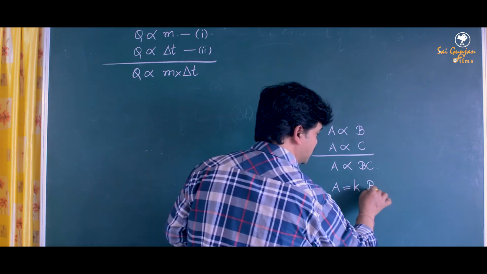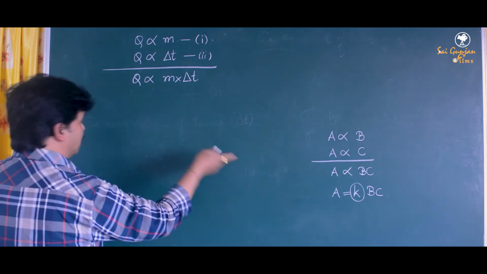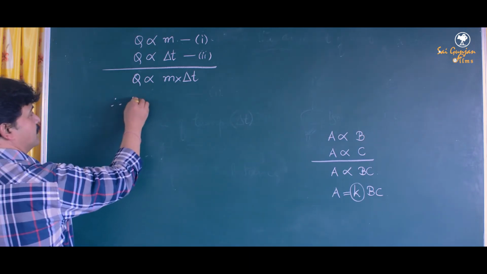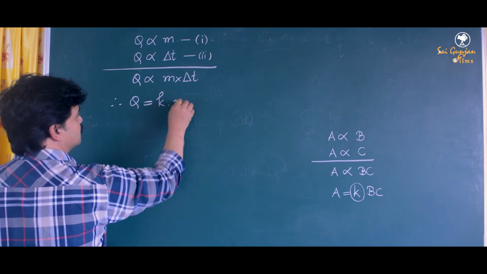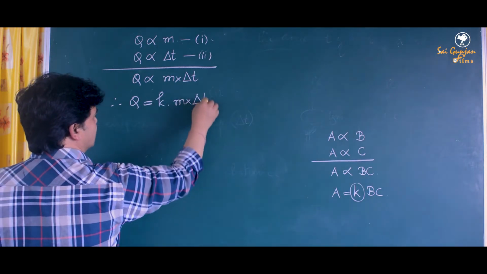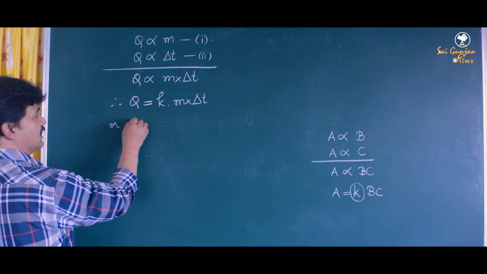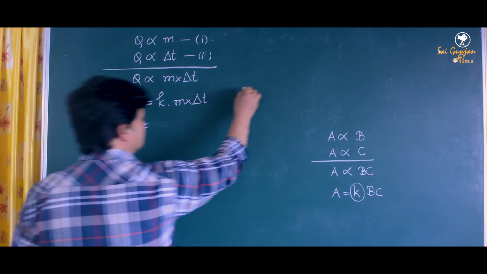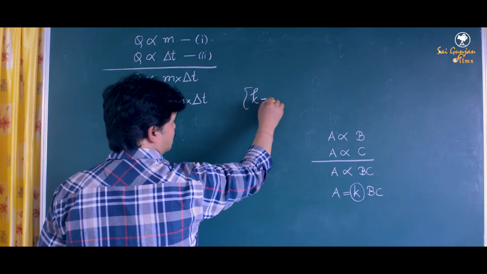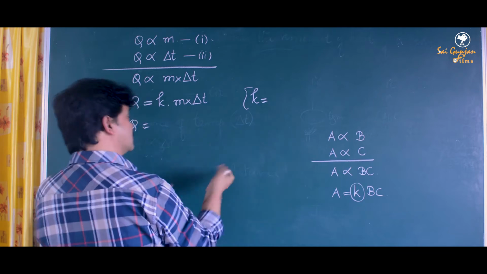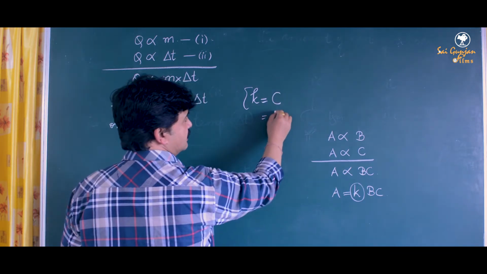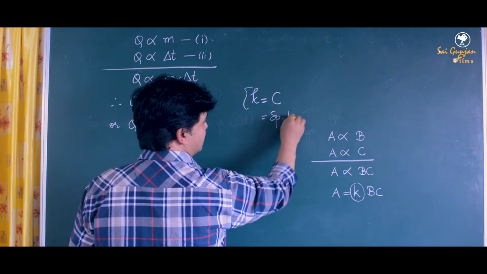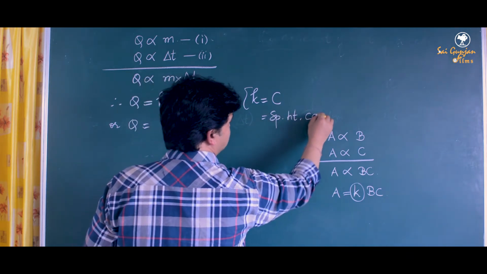Now let me apply the same rule out here. Q is equal to some constant into M into delta T. Now that constant K is a constant of proportionality, and in this case it is written as C, which is known as specific heat capacity.